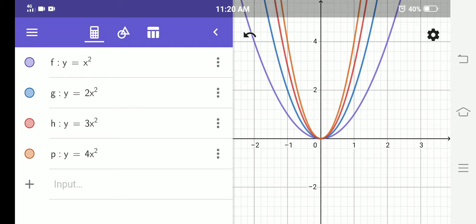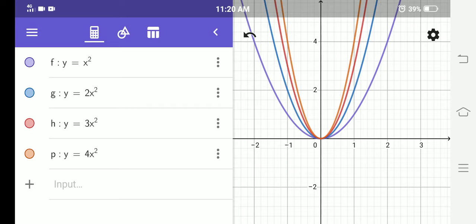Ibig sabihin, or the correct term is, the parabola gets narrower. Pag sinabi natin ganyan, gets narrower, panipis ng panipis yung parabola, while the value of your a gets bigger and bigger in value.